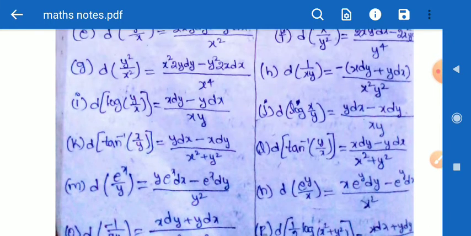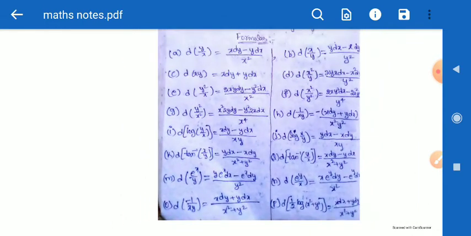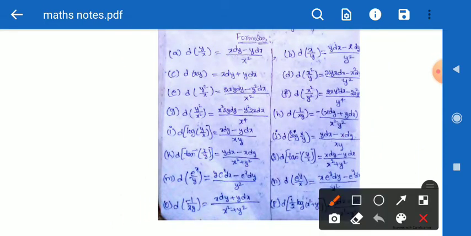Here some formulas are given, the formulas a, b, c, d up to p. If the given differential equation is in the form of one of these, it can be written in the form of, for example, d of x square by y.